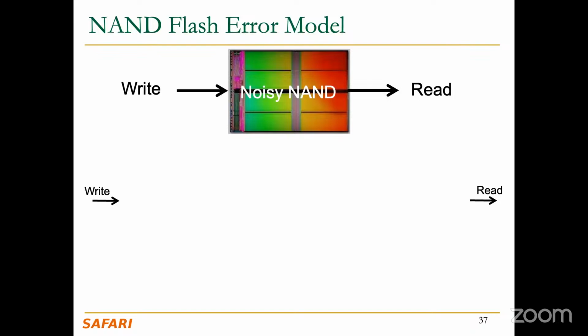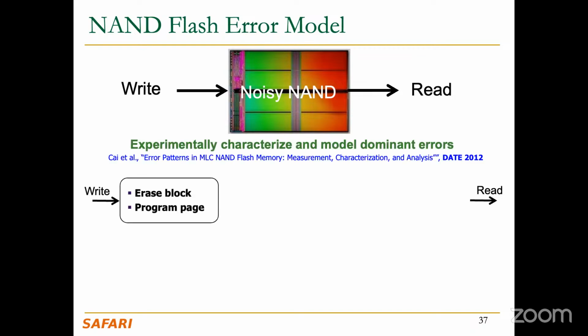So this is the technology where you actually have error everywhere in flash memory. When you want to write, you first need to erase your block. Erasing happens in block granularity, I forgot to mention. As I showed in the first few slides, we have these blocks and pages, right?